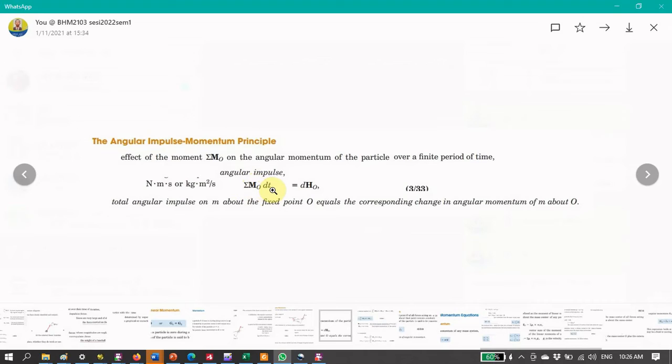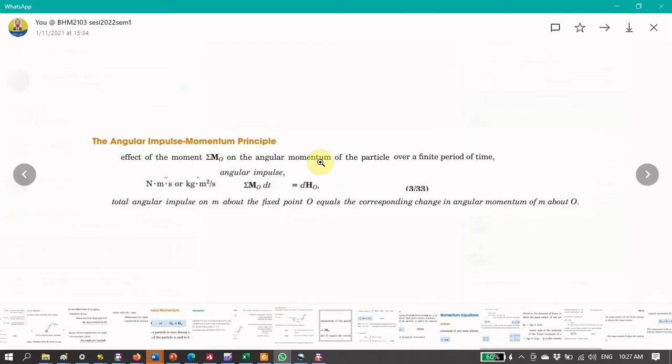That is what we mean by angular impulse, and this is equal to the change of angular momentum of the particle about O. So in order for us to quantify the effect of the moment of force about O, the author introduced what we call angular impulse.